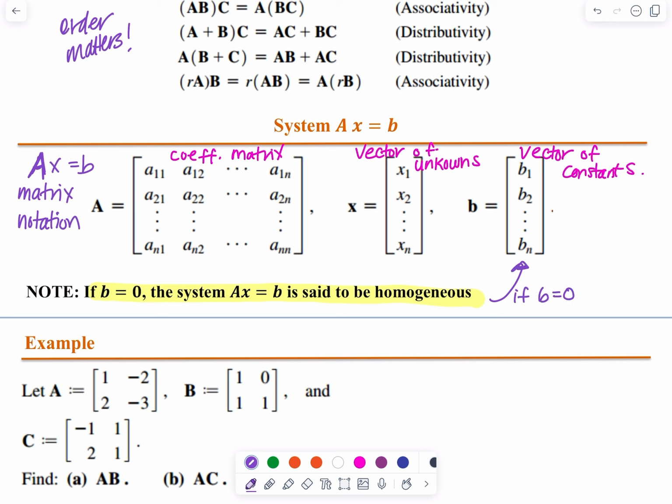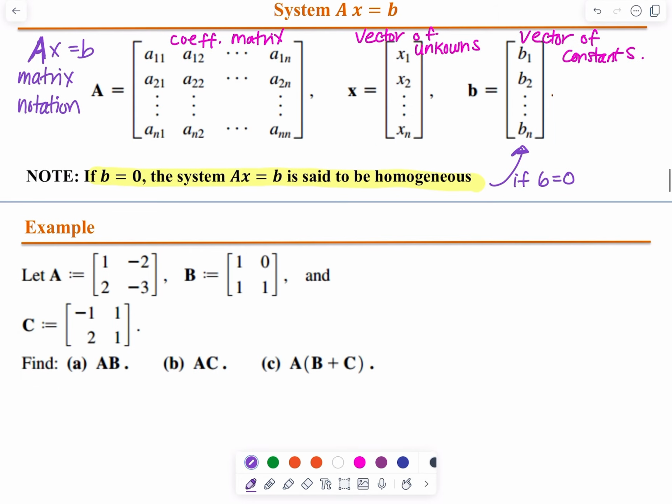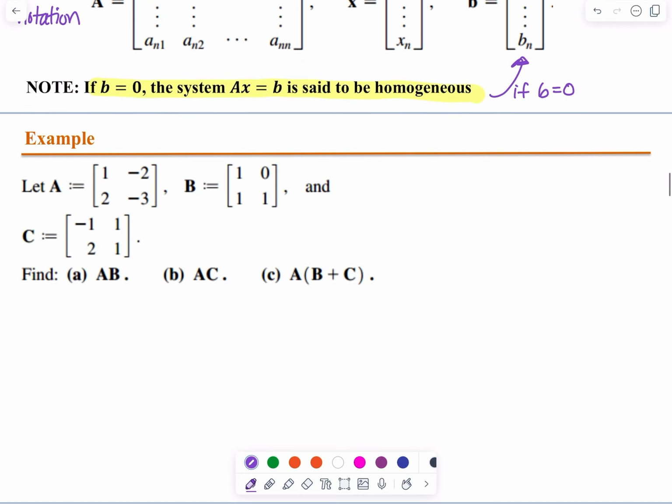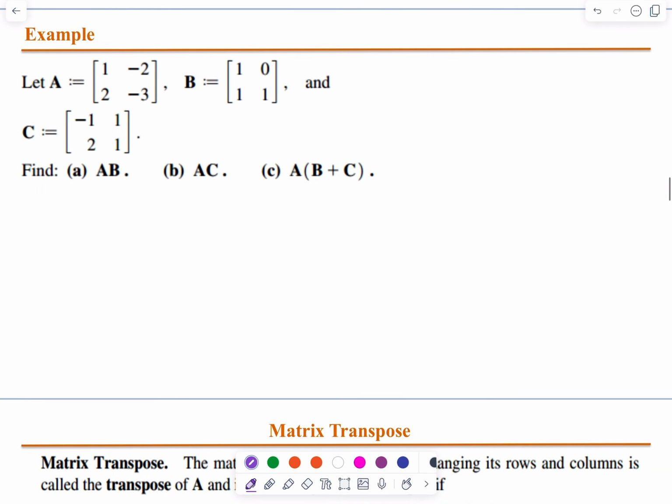Let's go ahead and try an example and try some matrix multiplication and one of our properties. We'll begin with matrix A, B, and C, and they are all 2 by 2 matrices.